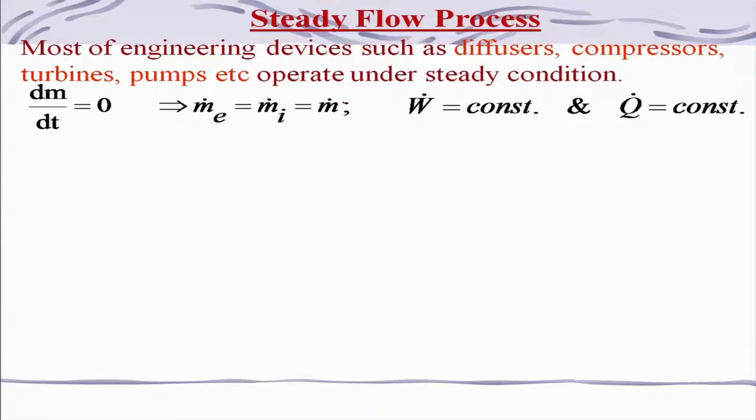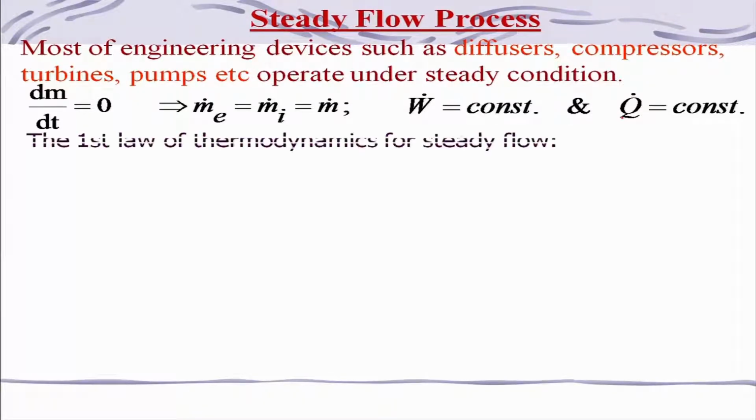In this problem, particularly for the diffuser and the nozzle, we can say there is no work done. But for the compressor and turbine, we cannot say this. And the heat interaction, we can say it is constant.